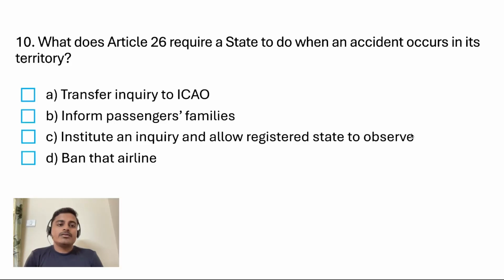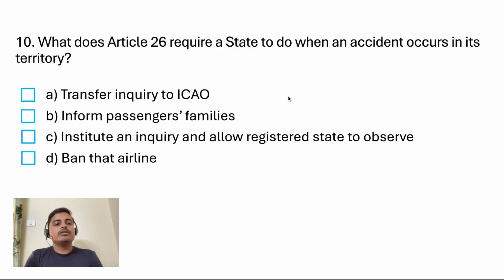Option A, transfer inquiry to ICAO, inform passengers' families, institute an inquiry and allow registered state to observe, ban that airline. So whenever an accident happens, wherever it happens, the country that owns that airspace, that territory, should start the inquiry. At the same time, it should also allow the state of registration, the country of registration of that aircraft, to observe that inquiry.